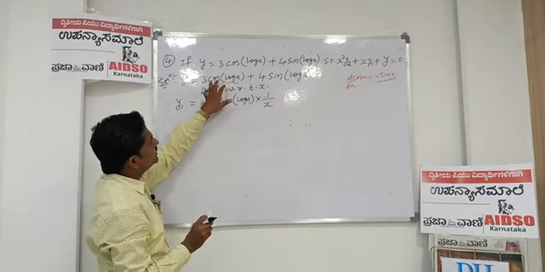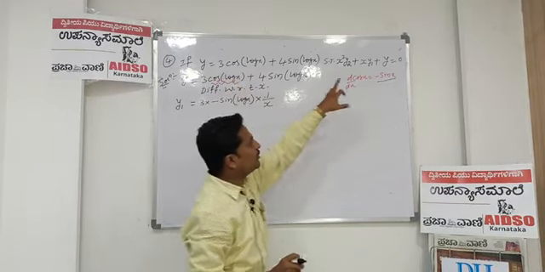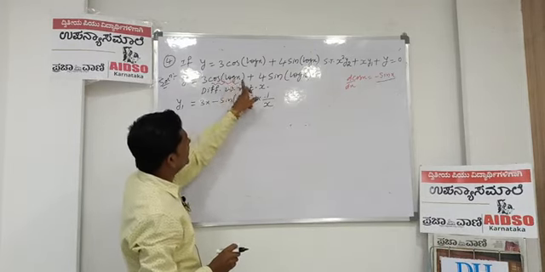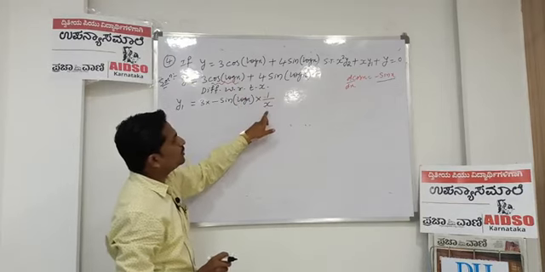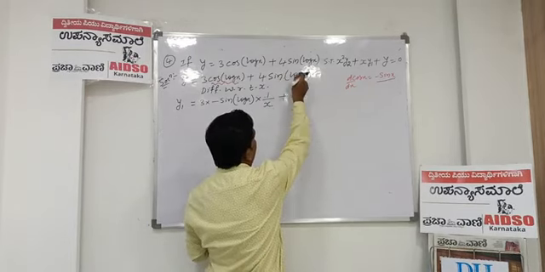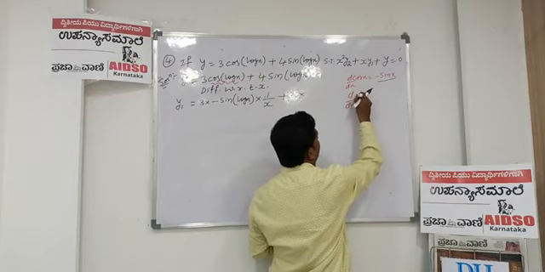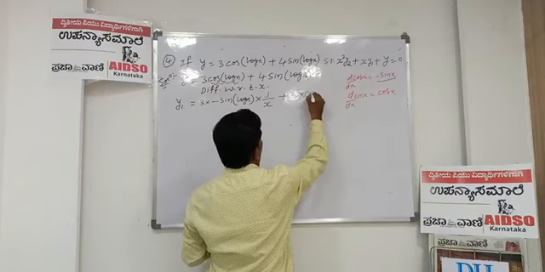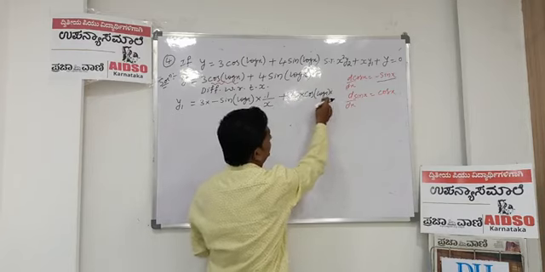So I am repeating: the entire function is in the form of cos x, and the derivative of cos x is minus sin x, so it is minus sine of log x, into the derivative of log x, which is 1 by x, plus 4 into the derivative of sin x. Now this is in the form of sin x, so the derivative of sin x is cos x.